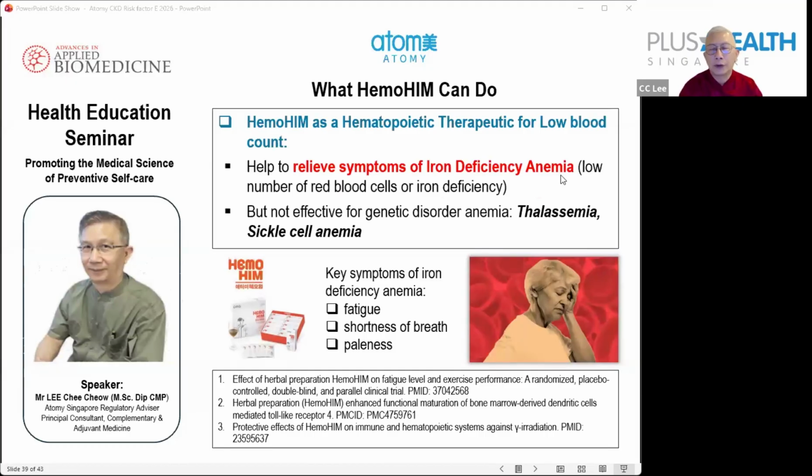Basically, this is when you have a low number of red blood cells or iron deficiency causing the anemia itself. But hemohin cannot be effectively used for genetic disorder anemia like thalassemia or sickle cell anemia. So it is effective for iron deficiency anemia, but not effective for thalassemia.